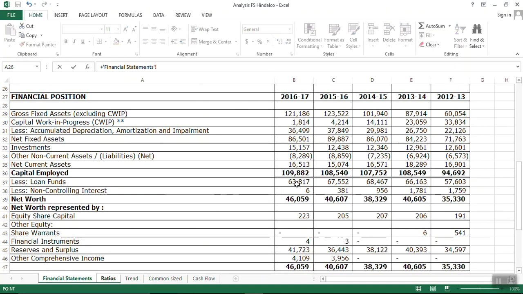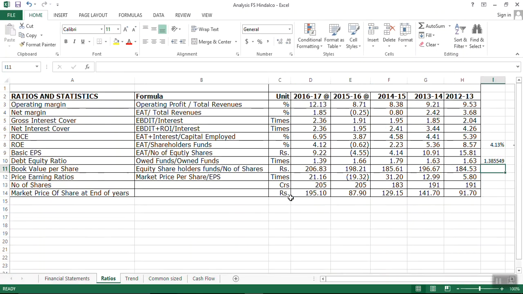The debt is this much divided by my owned funds, which are this much. So I am getting a result of 1.39. So debt equity ratio, have you all understood?